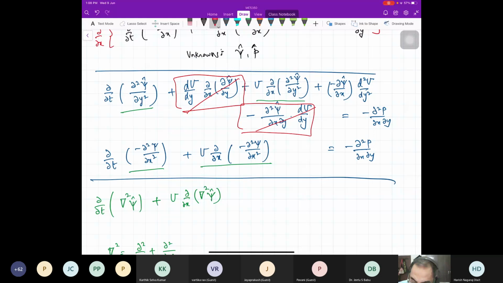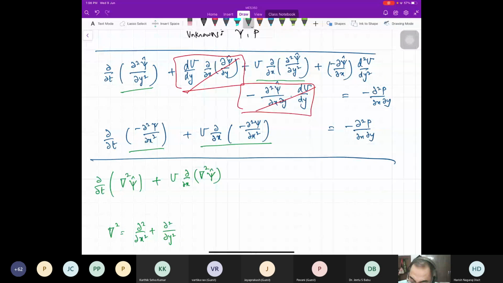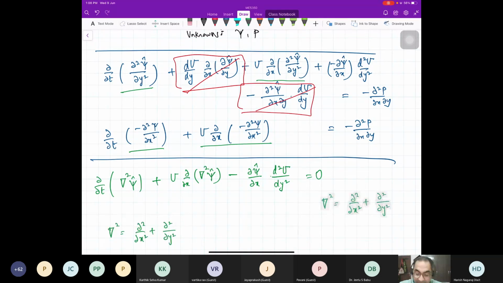And finally, I'm left with the last term, which is del psi by del x minus del psi hat by del x d square capital U by dy square. Okay, this is equal to 0. The equation is actually simplified quite a bit.